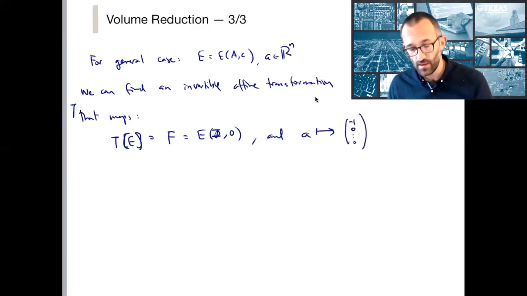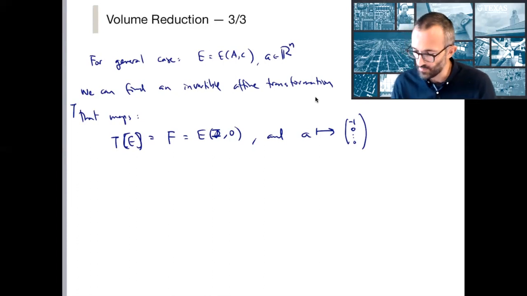And you can check that that mapping by T commutes with the ellipsoid update rule.